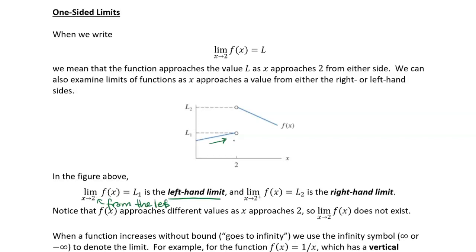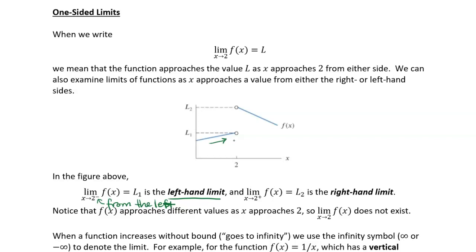We would read this as the limit as x approaches 2 from the left of f of x is equal to L1. That's a left-hand limit because we're approaching from the negative side of the axis, which is on the left.